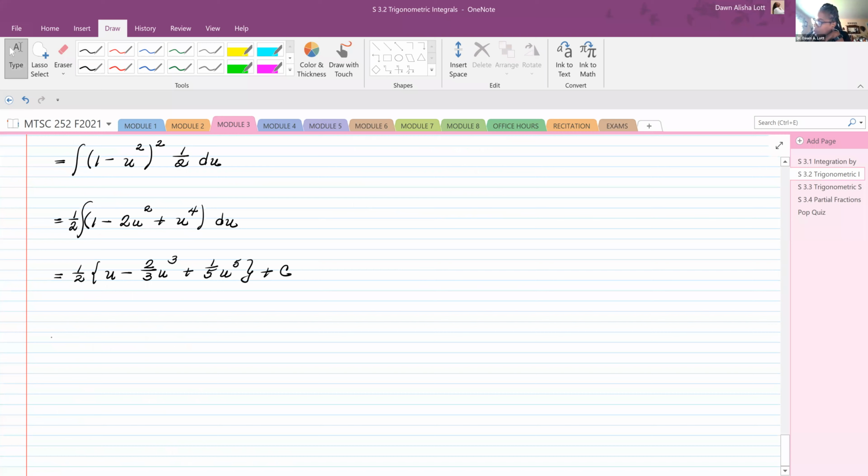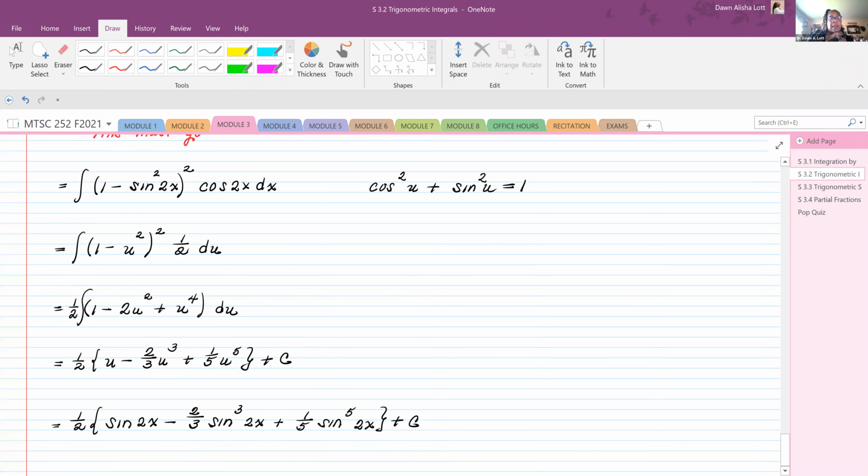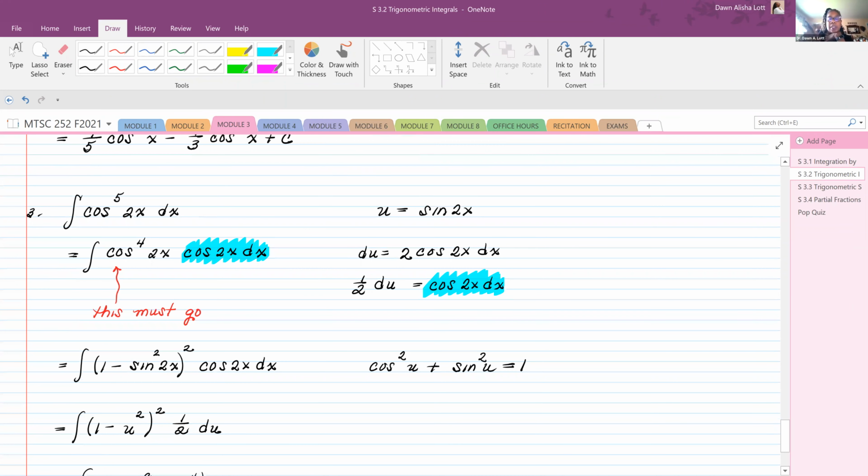So I get 1/2 the sine of 2x minus 2/3 the sine cubed of 2x plus 1/5 the sine to the 5th of 2x plus a constant. So anytime one of the powers is negative, pull it off.